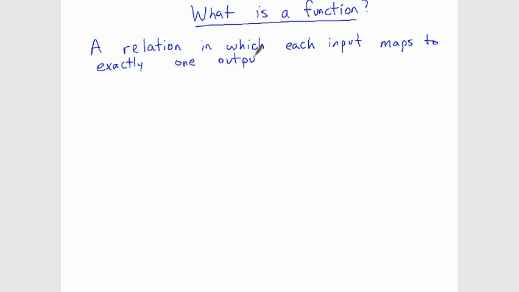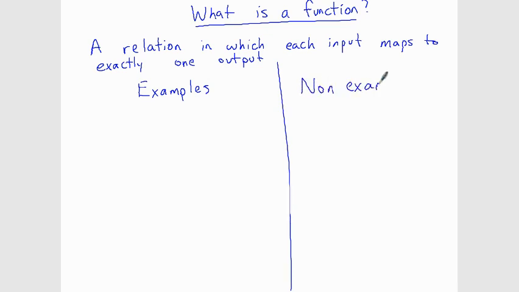So, in other words, a relation in which each x value maps to exactly one y value. So let's go ahead and look at some examples of functions, and then let's look at some non-examples. Okay?